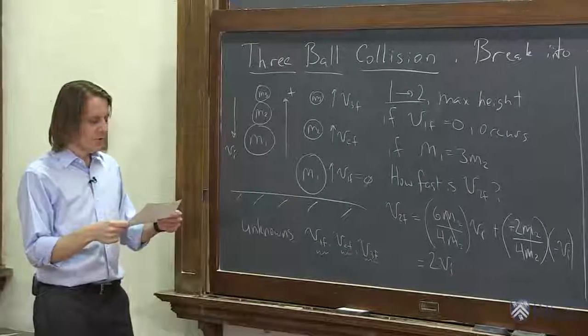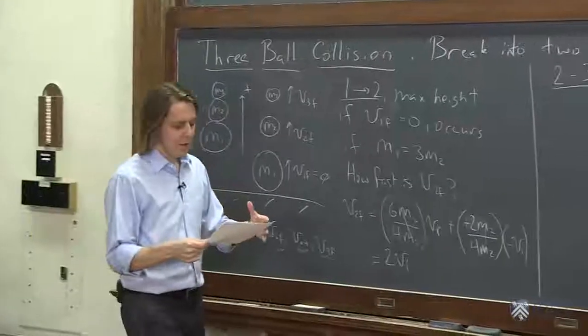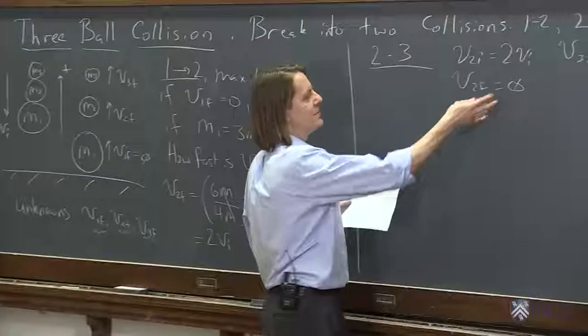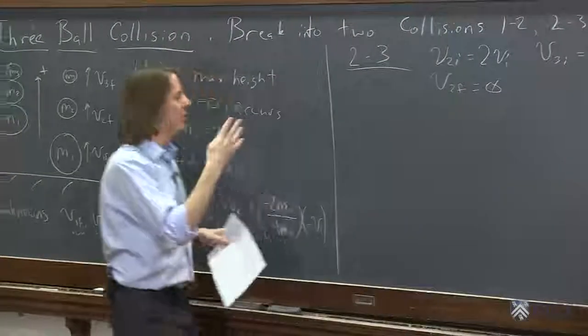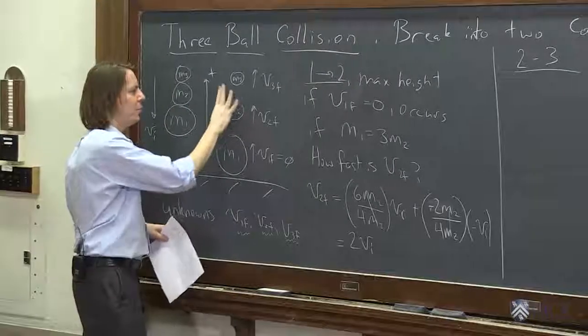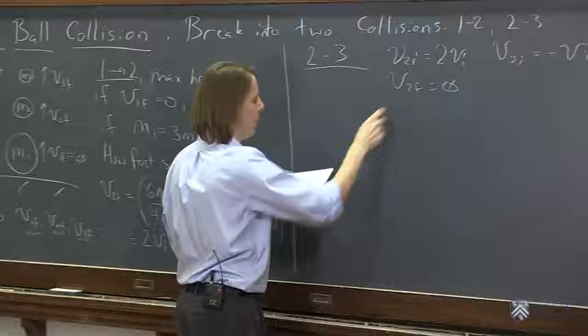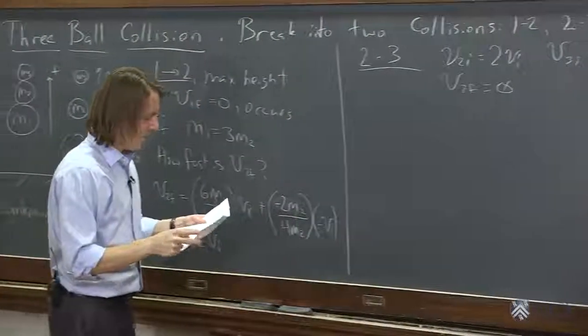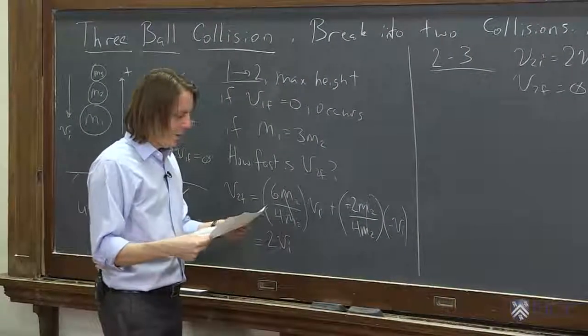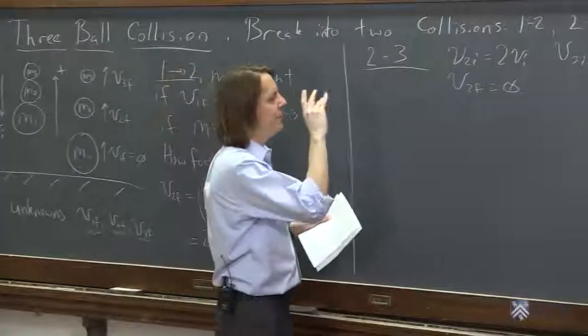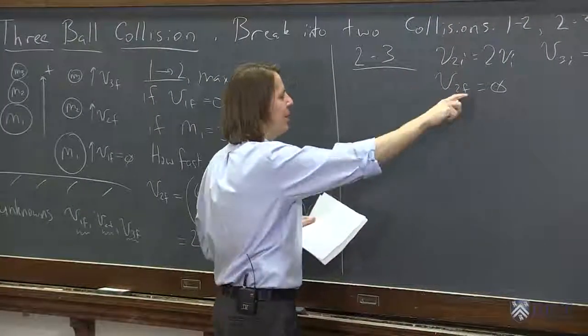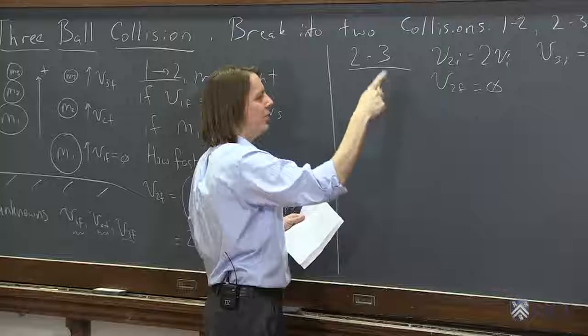All right, so now we're going to look at this, which used to be mass 1. We want to look at what's the condition for the one going forward to have 0 velocity. What is going to be required here? Let me look back at my old notes. This is the old v1f formula, but we're going to write it with 2 because 2 became 1 and 3 became 2.